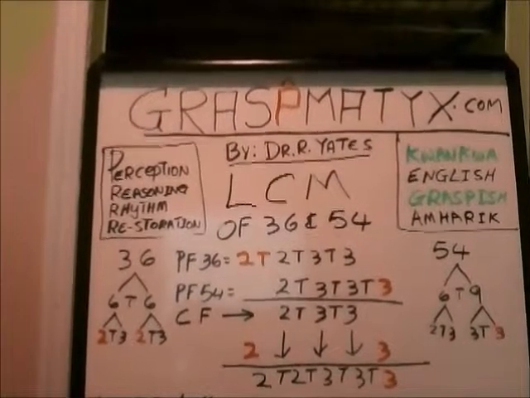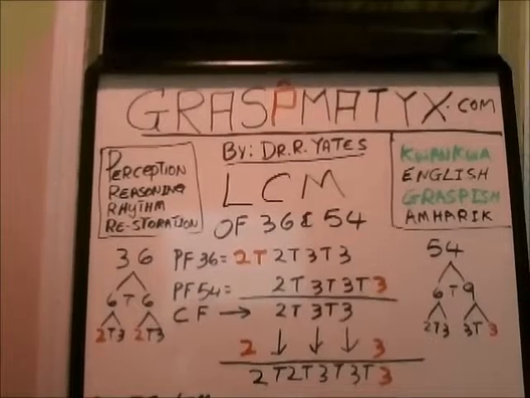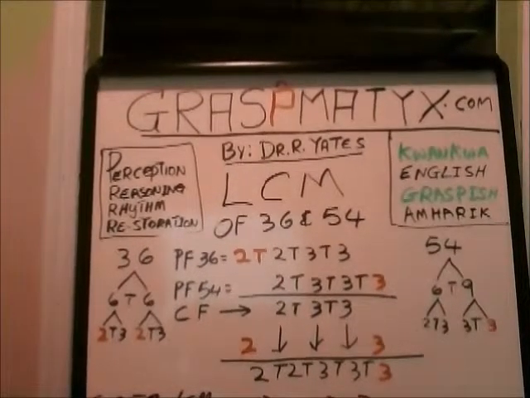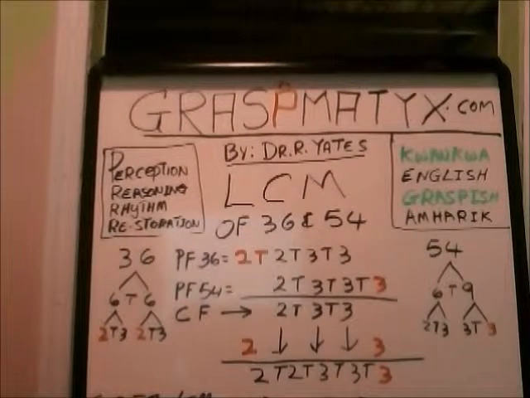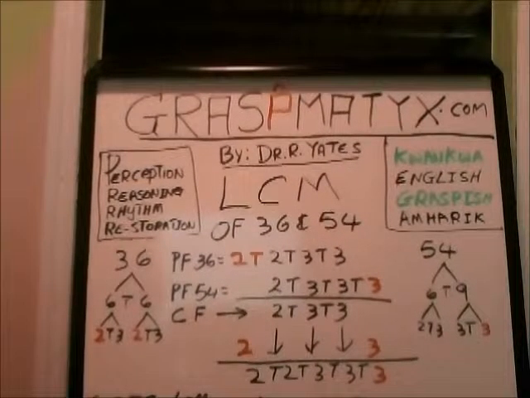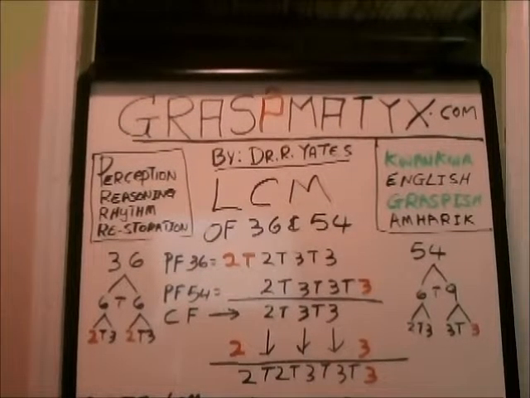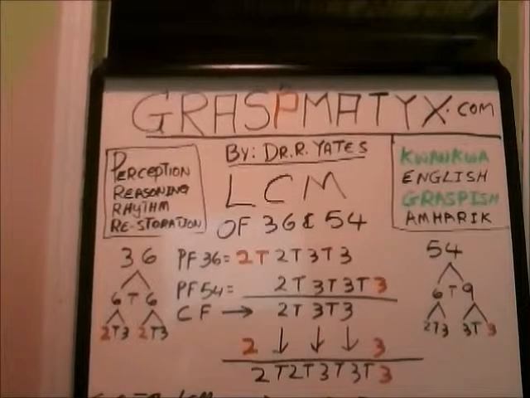You hear Dr. Yates incorporating Amharic words when he is teaching this math. Most of all, he likes to express the figures in Graspish, which is the language that means making sense of the English nonsense.